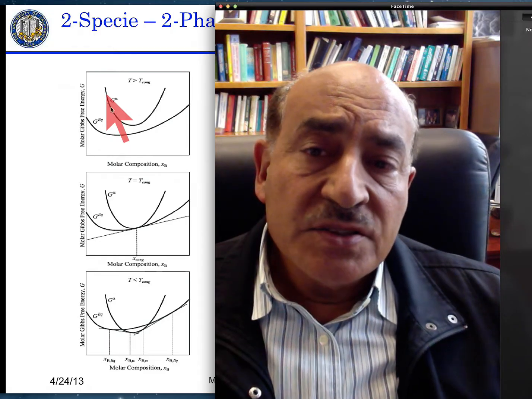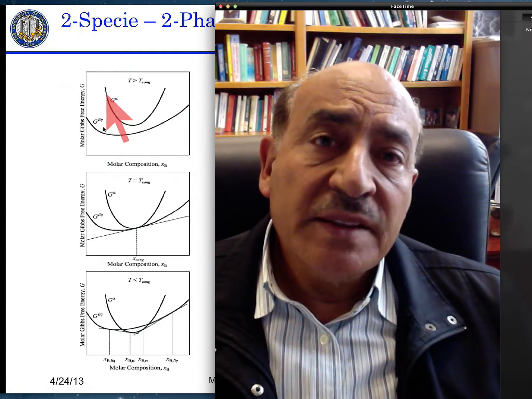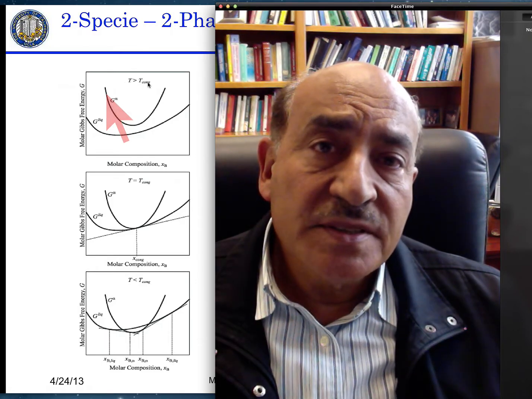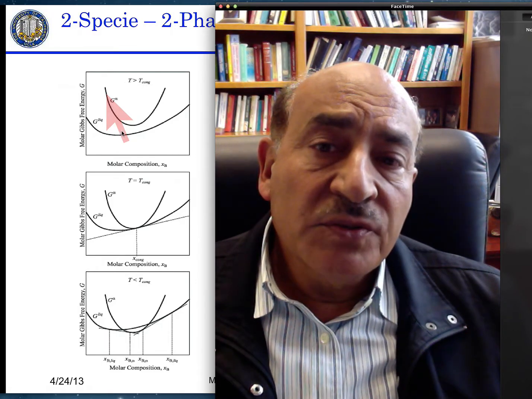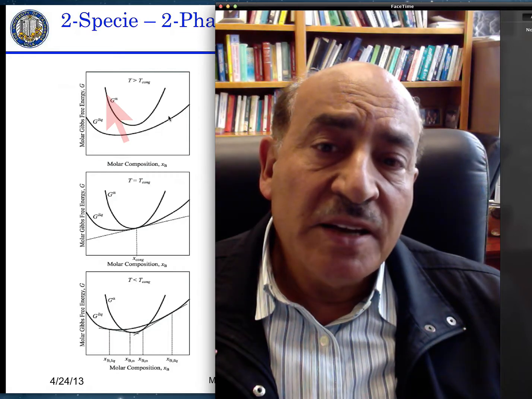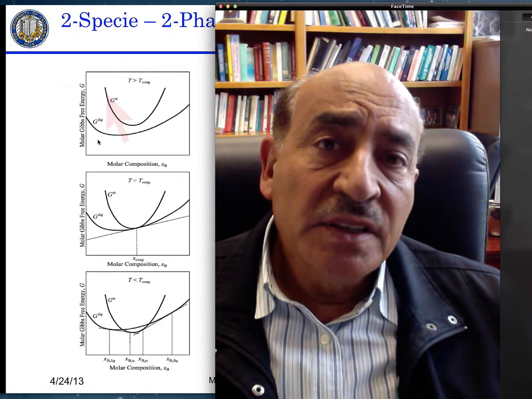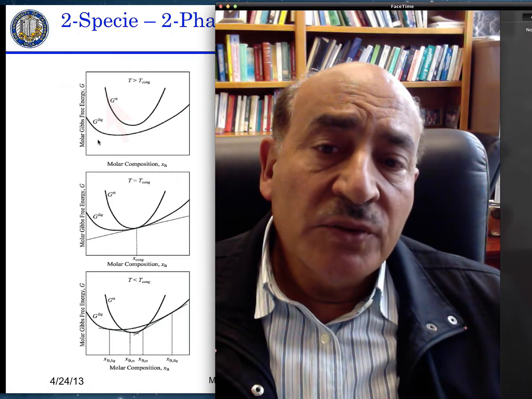So this is lower than the alpha phase, and therefore at this high temperature, where the temperature is greater than the congruent temperature, the liquid phase will be stable, always stable. And for any composition here, the alloy will have a liquid phase.